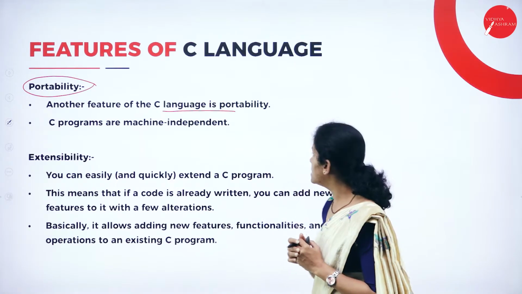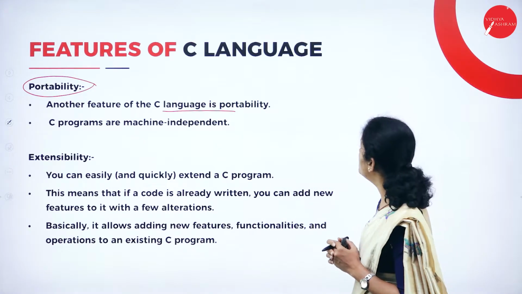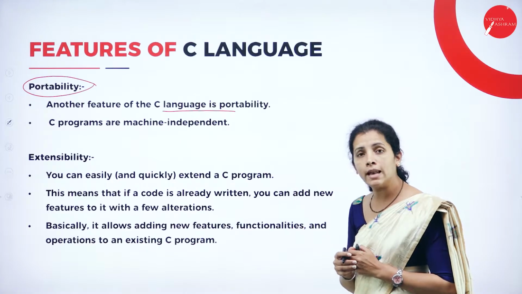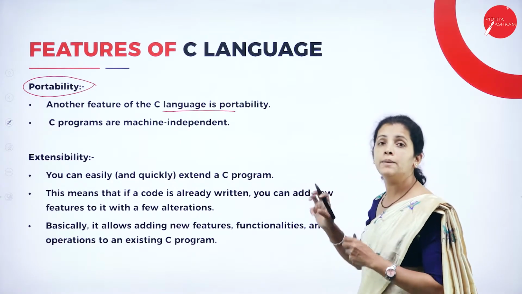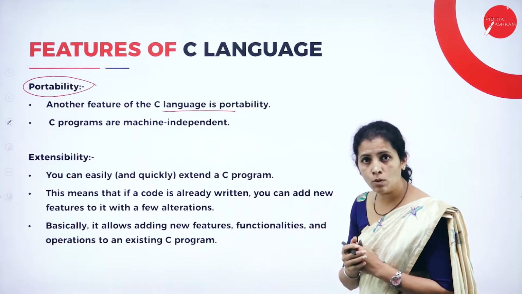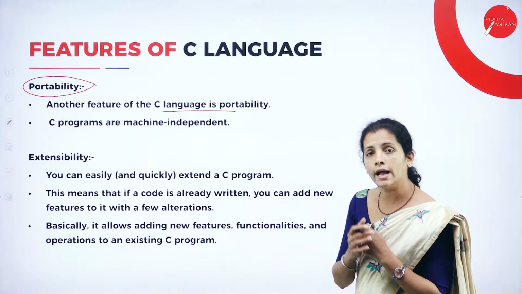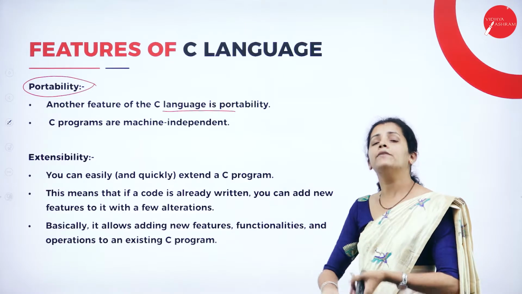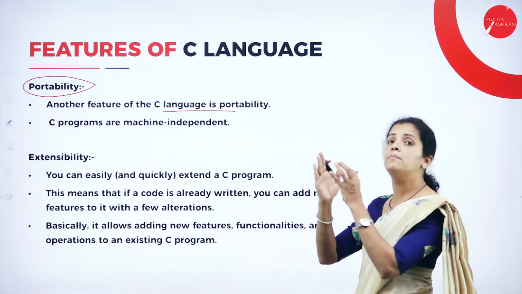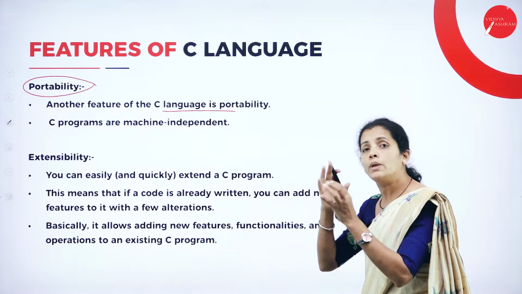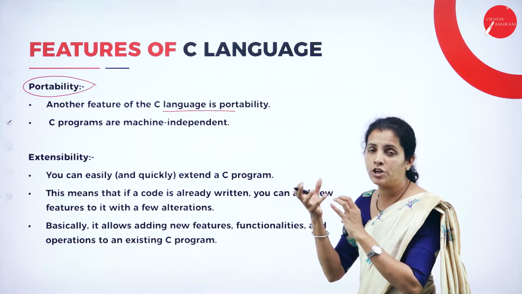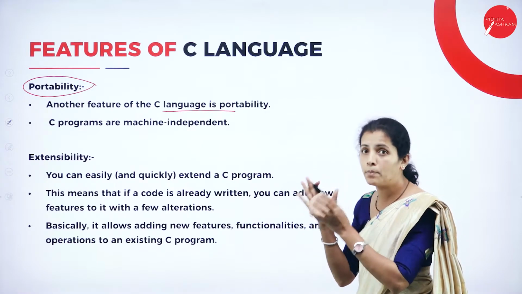That means, consider here an Intel processor as well as an AMD processor. Now, I'm going to write the program for the Intel processor and execute it and get the output. And if I take the same program to my AMD processor and run it without making any modification, I am able to run my program.